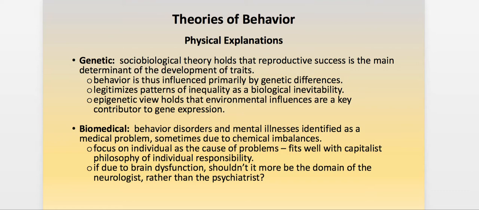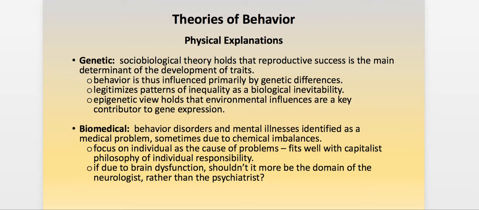So anyway, I'm digressing here, but sociobiologists think behavior is influenced primarily by our genetic differences, and on a more serious note, this makes patterns of inequality a biological inevitability. There have been some pretty harmful theories out there, like phrenology, about how the shape of a skull has something to do with intellectual level.